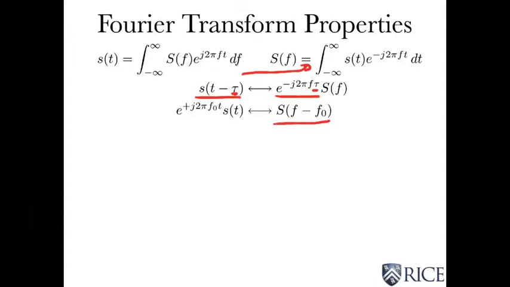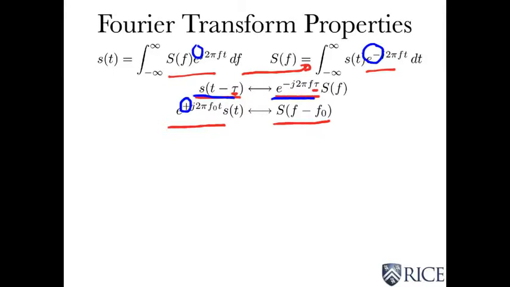You take the spectrum and shift it over by f0. Because these two formulas are so similar, you know that the answer has to be that it's multiplied by a complex exponential. However, because of the sign difference in this formula, it's e to the plus here. So delaying in frequency corresponds to multiplying in the time domain by e to the plus j 2 pi f naught t, whereas if you delay in time, it corresponds to multiplying by e to the minus j 2 pi f tau.